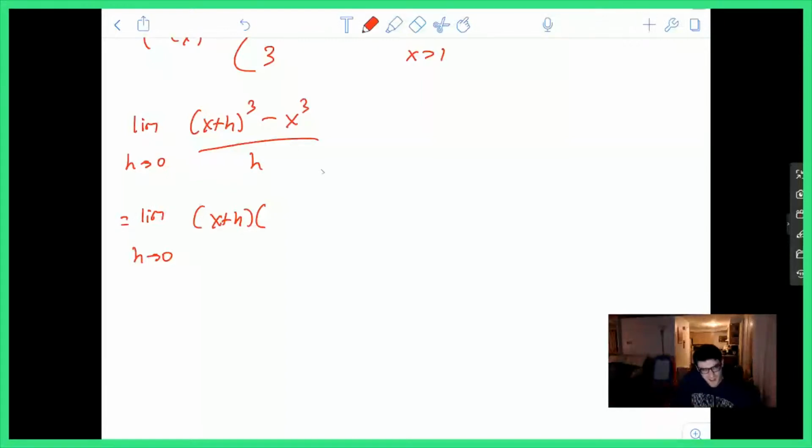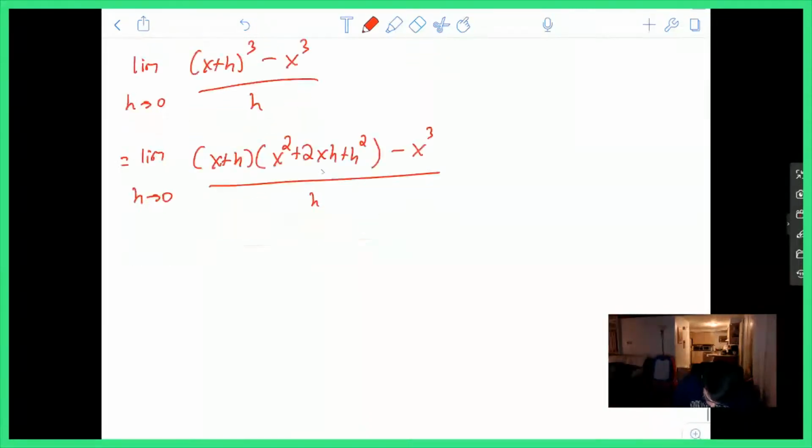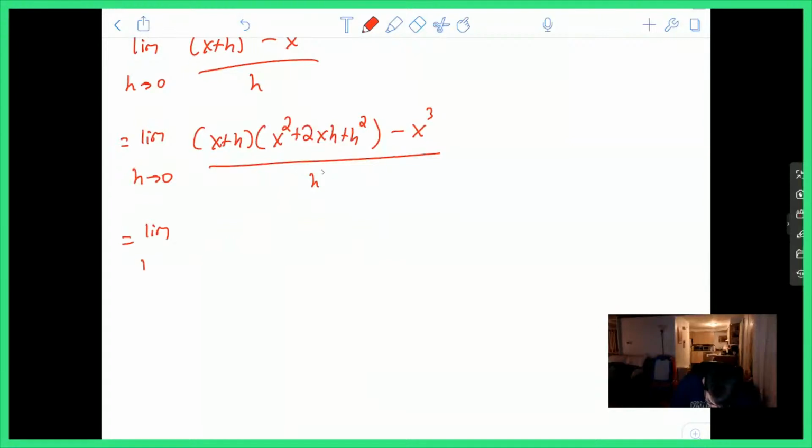I feel like I'm having deja vu from class today. x squared plus 2xh plus h squared, minus x cubed, over h, is equal to the limit as h approaches 0. Now I'm going to distribute an x into everything. Okay, so this is equal to x cubed plus 2x squared h plus xh squared, and then I'm going to distribute an h into everything, okay?